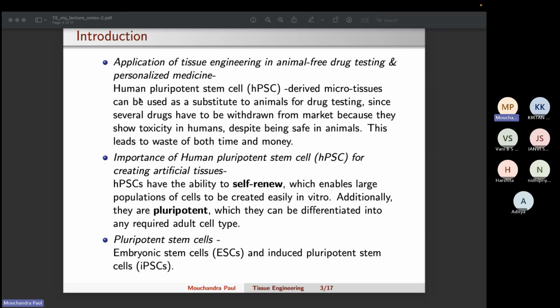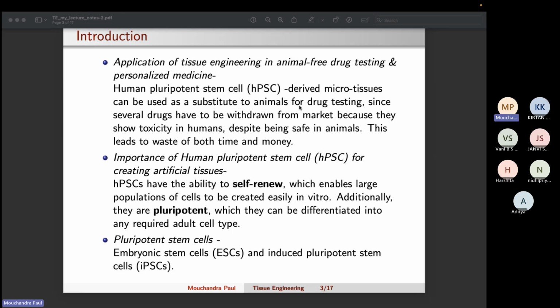So let's talk about the pluripotent stem cells or the embryonic stem cells. These stem cells can be used to make micro tissues, miniature tissues, whose function and structure mimic that of the native tissue in our body.